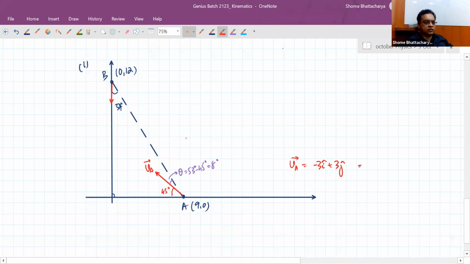So you can see that it has a magnitude of 3 root 2 at theta equal to 8 degrees with respect to the line AB.